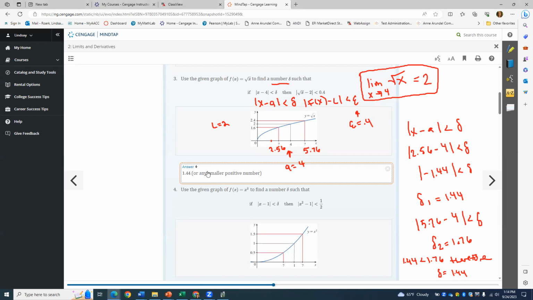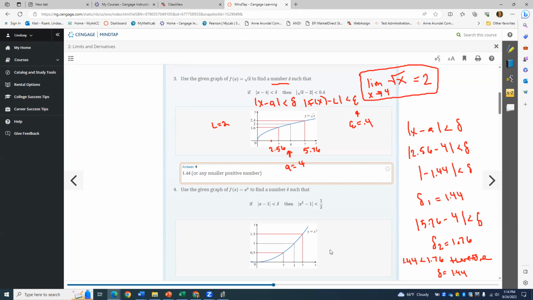They're saying it could be 1.4, anything less than 1.44 could work for delta. Anything bigger than 1.44 would not work for delta, because then we wouldn't be able to say that we're within the epsilon.